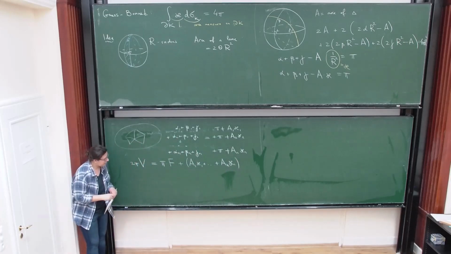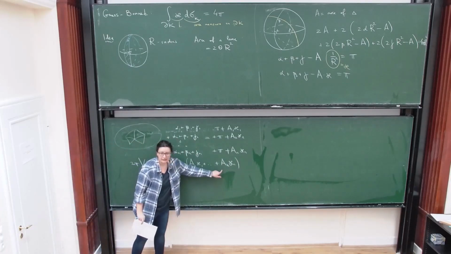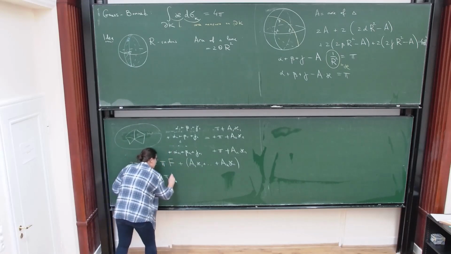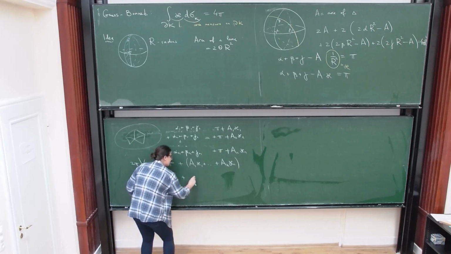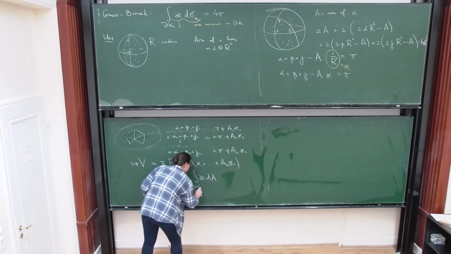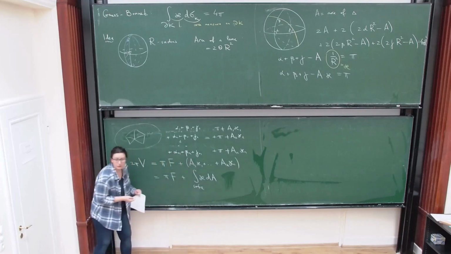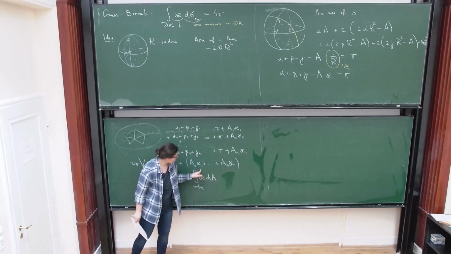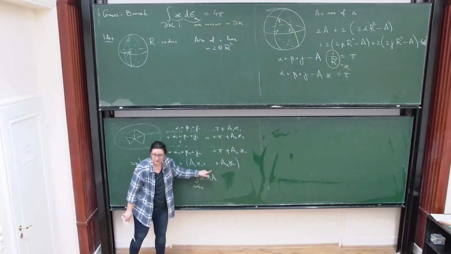And in this case, what does this really represent? Let me write it down and then I will say why. So we have pi times the number of facets times, really, what is written here is the average of the Gauss curvature over our surface. One way to think about it, written this way, is as an analogy of the Riemann sum.